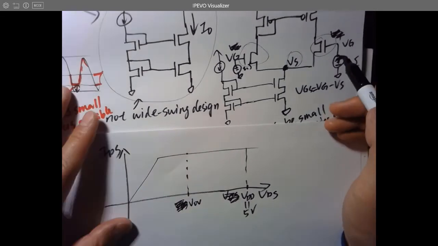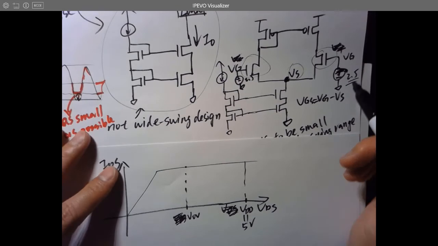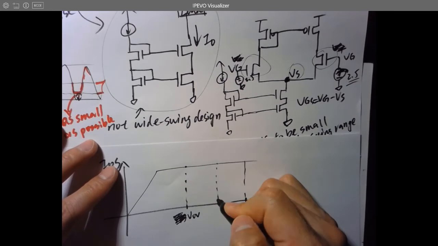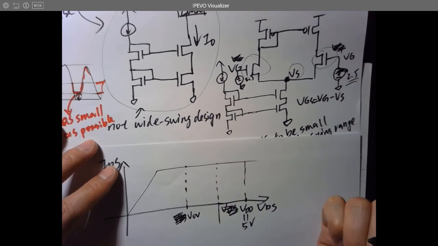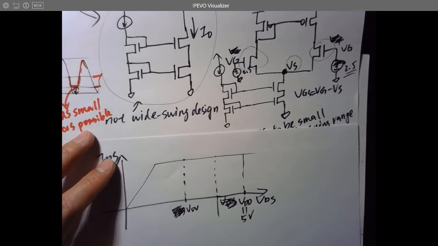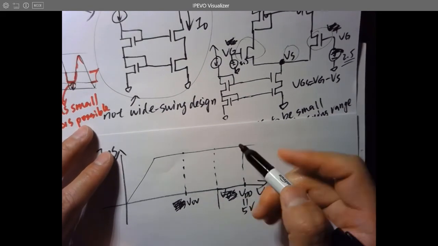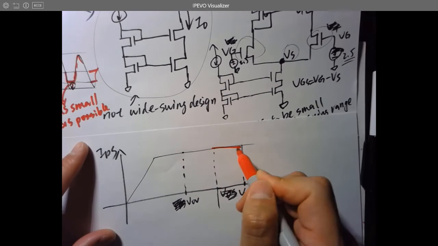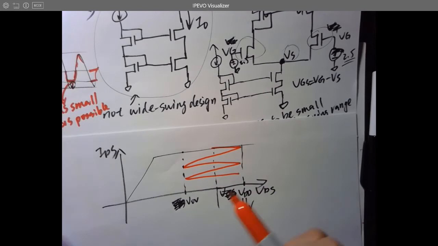And you can provide a DC offset, 2.5 volts, whatever. You can do a DC offset over here. I don't know, probably it's not 2.5 anymore because it's not right in the middle. So the full range for you to swing your AC signal is something like this.